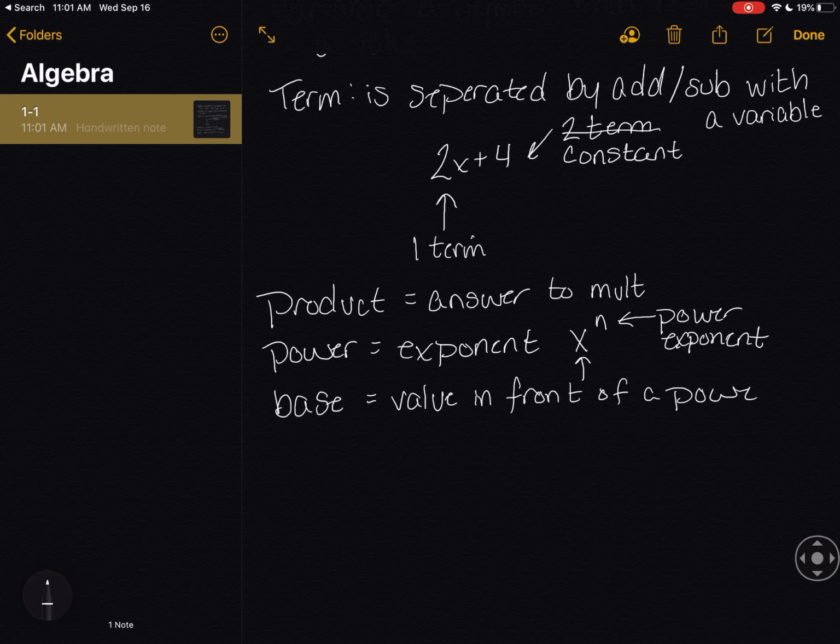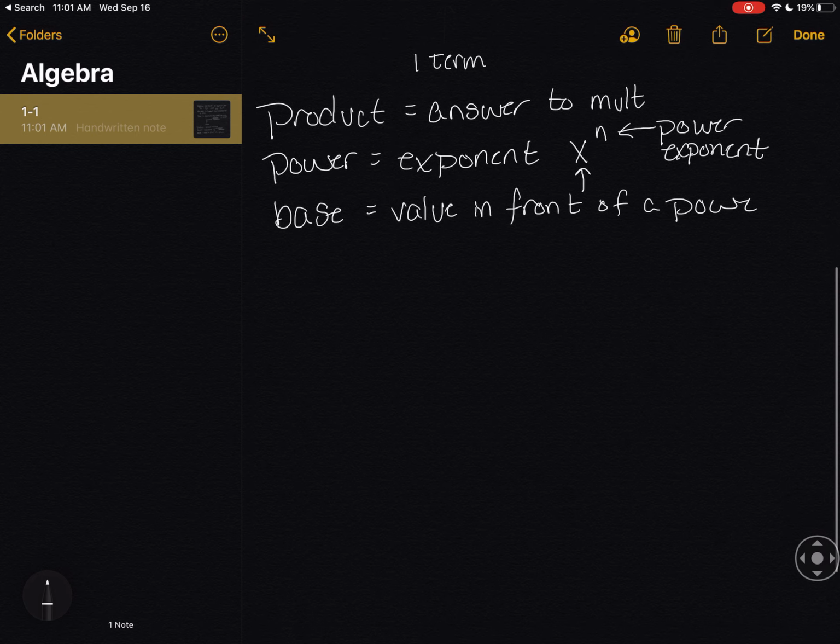So what we're going to be doing with all of this, we are going to be taking algebraic expressions and then writing them in words and vice versa. So for example, if I had 3x to the 4th, how would I write that as a set of words?